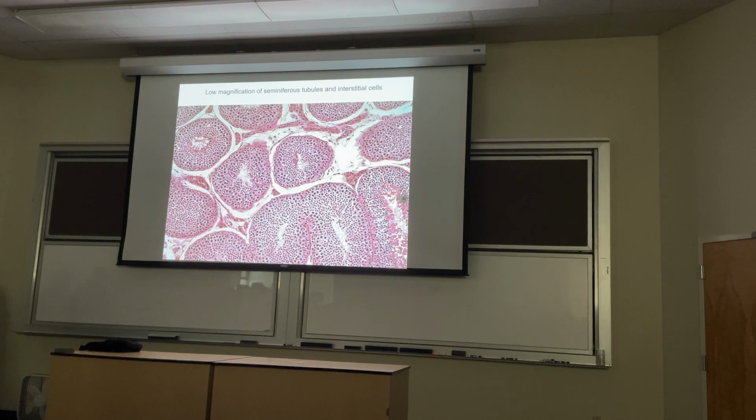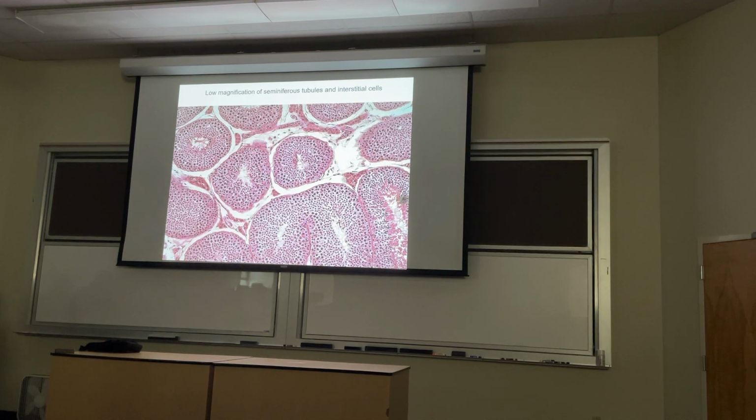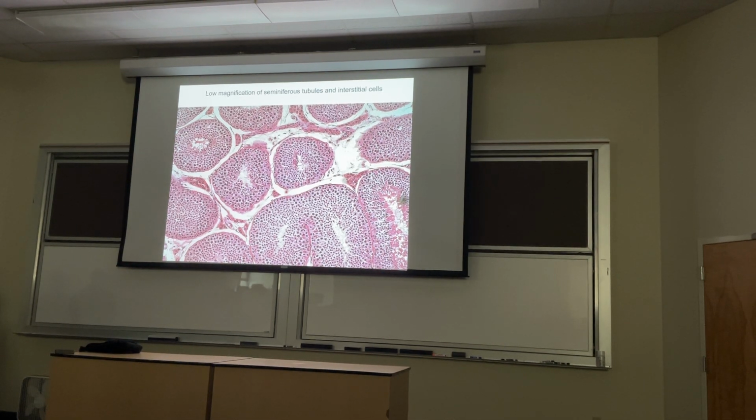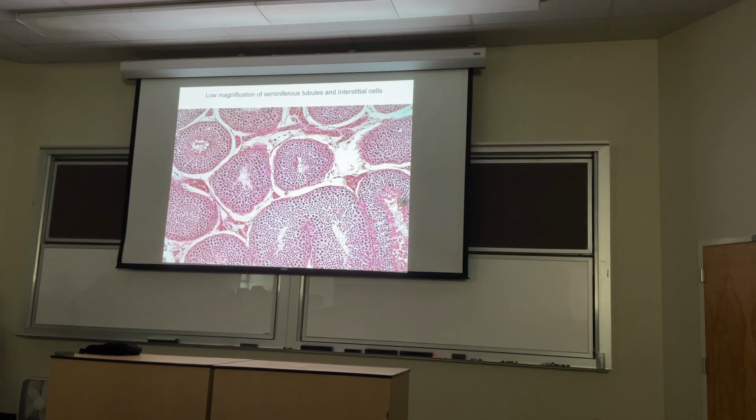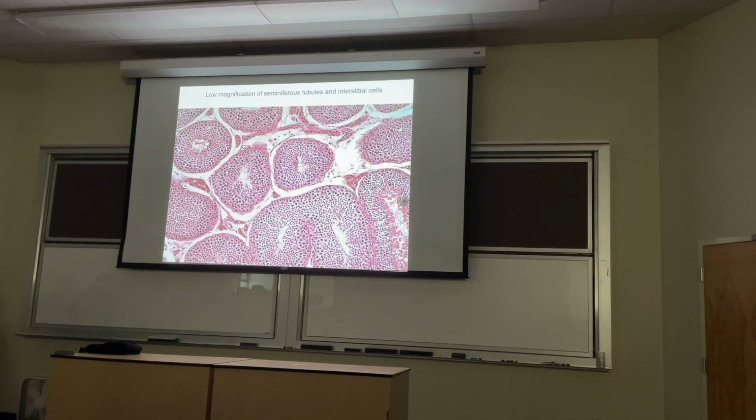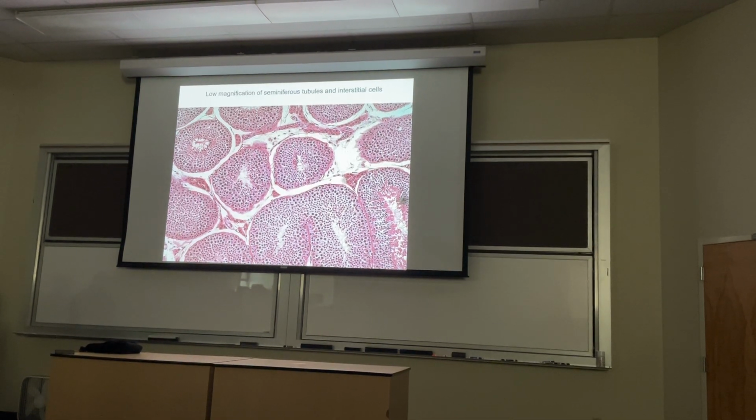In addition, we might have some of these fibroblast supporting cells that are flatter, and some of these, especially around the periphery of the seminiferous tubule, can be called myofibroblasts because they have some contractile ability. They're a little bit of a variant of the fibroblast.